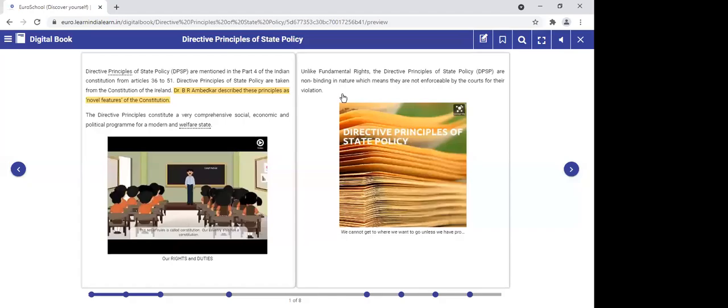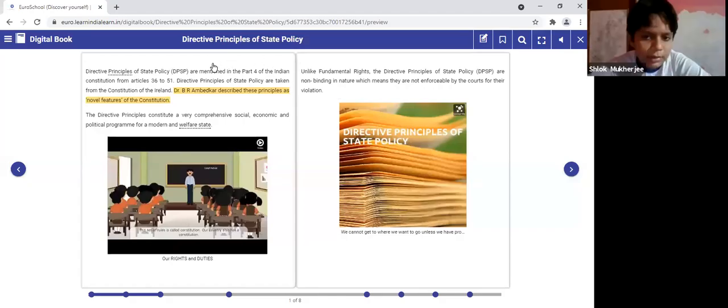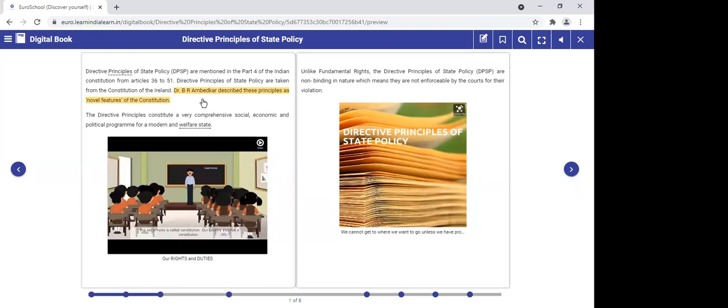Like fundamental rights, the directive principles of state policy are non-binding in nature, which means they are not enforceable by the courts for their violation. Now, we have fundamental rights given to each and every citizen.